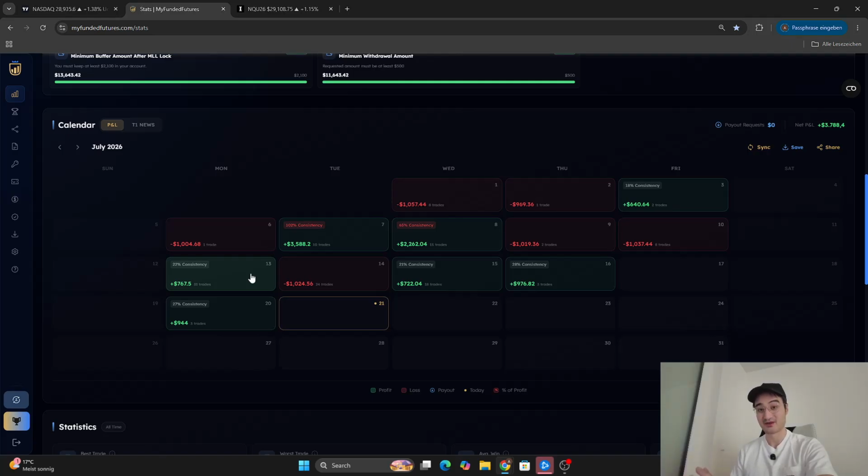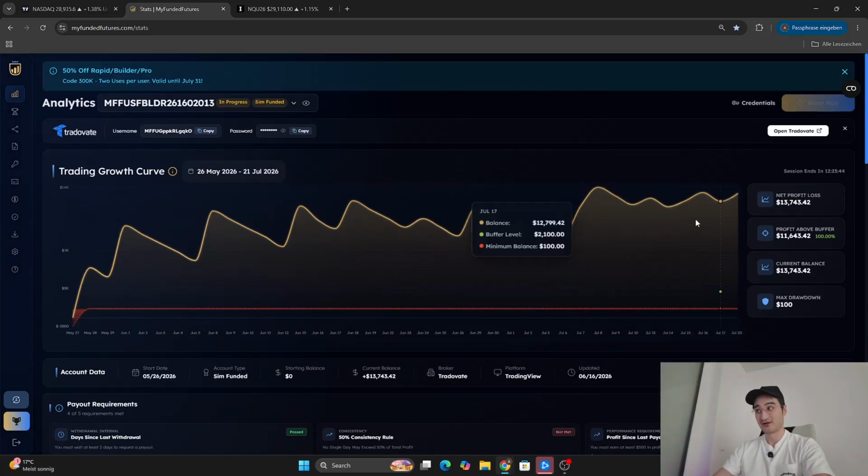Those are the only time windows that I'm allowed to take a trade, and I want to record all my trades on this platform, just to show you guys what you can achieve with only a 50k account and trading only 1 hour a day. That's something I'll be attempting to accomplish on this platform.